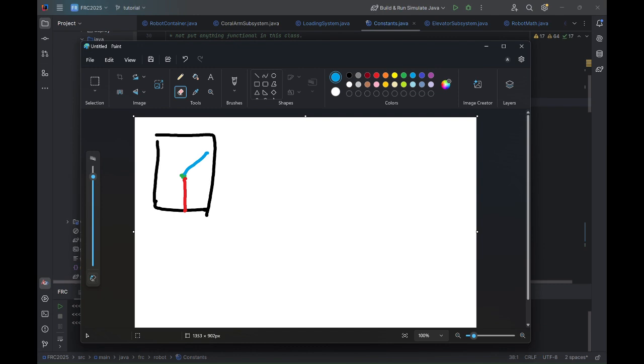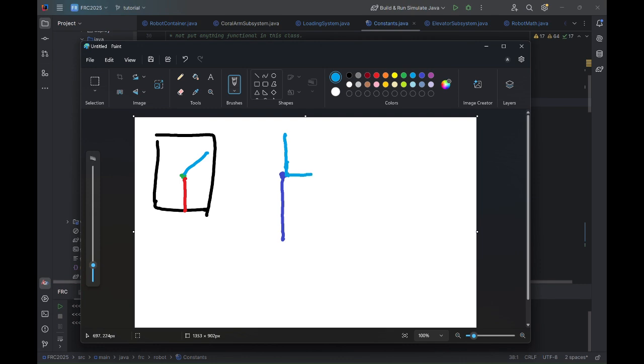And next is the size of the Canva. For the size, if you think of the actual things, this is the elevator height, like the maximum height, and this is the maximum height for the arm, and that's our maximum height for the Canva.